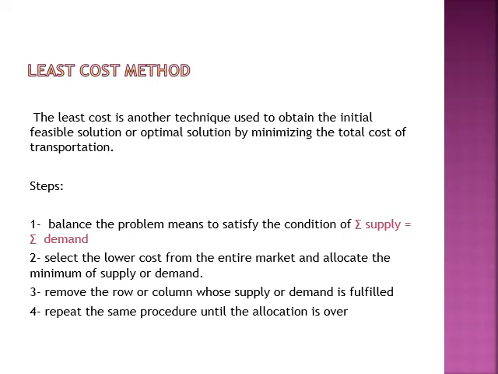Then remove the row or column whose supply or demand is fulfilled. Repeat the same procedure until the allocation is over.